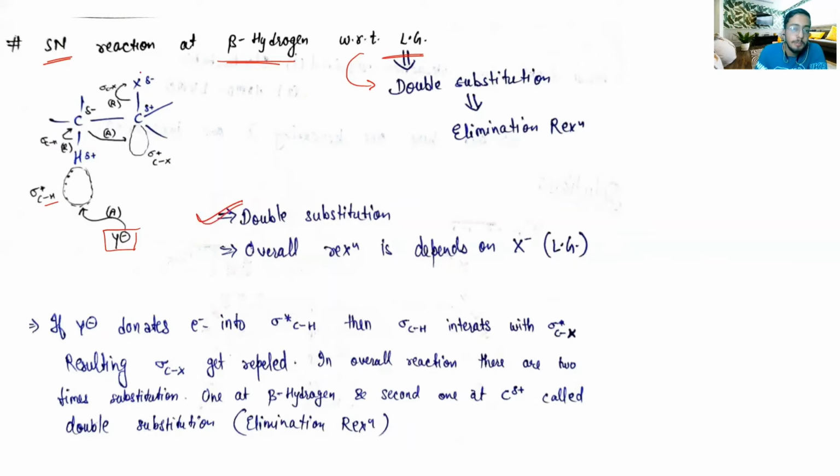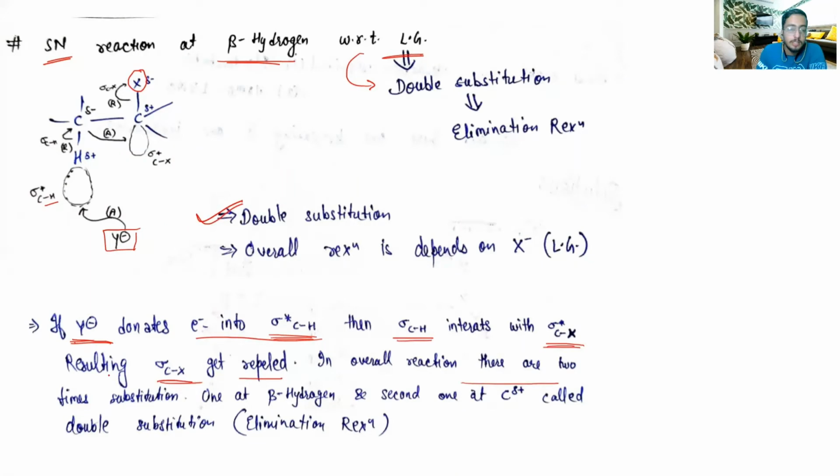And here also the overall reaction depends on this X leaving group. Therefore, I have written here, if Y negative, our nucleophile or our base, donates its electron into the anti-bonding orbital of CH, then the CH bonding orbital interacts with the anti-bonding of CX, resulting in CX getting repelled.